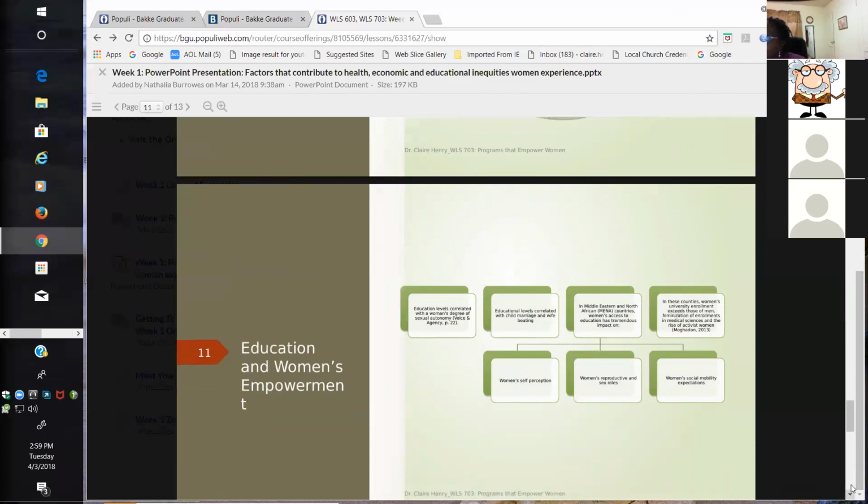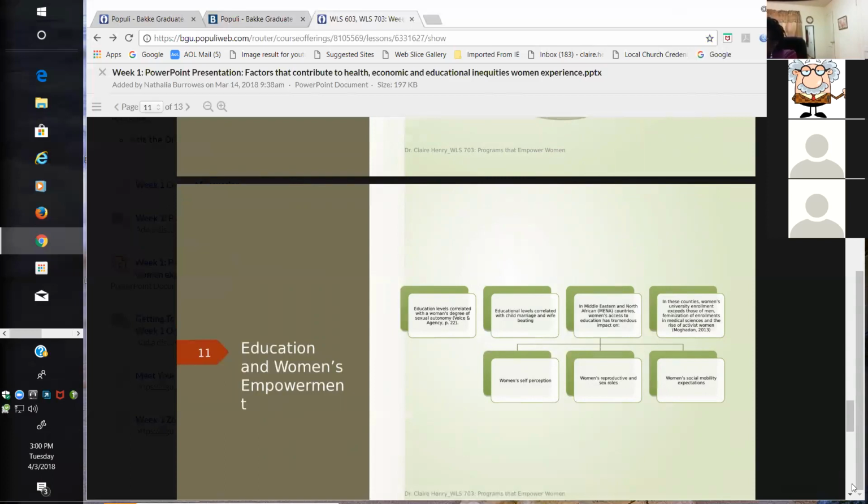In Middle Eastern and North African countries, called the MENA countries, women's access to education has had tremendous impact. In these countries, women's university enrollment exceeds those of men. They call it the feminization of enrollment, and they see that especially in the medical sciences.